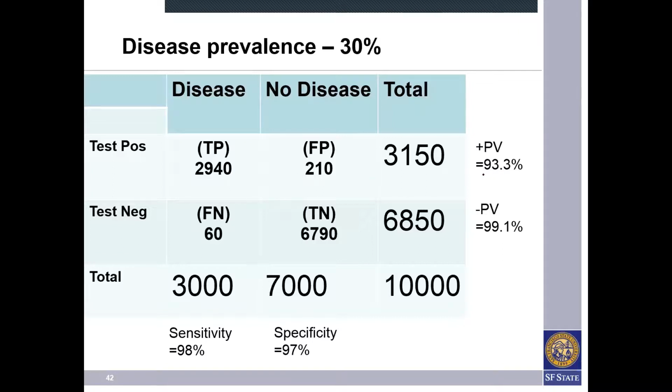Our positive predictive value is now a nice, great 93.3%. Negative predictive value, 99.1%. So now that the disease is more prevalent in society, more people have had it, my antibody test actually means something.